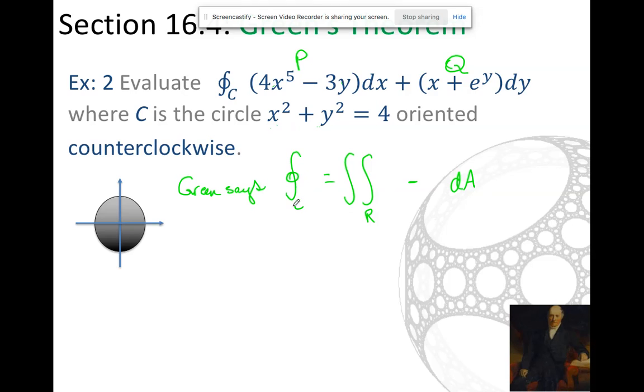And I just need to calculate the partials. So what is partial Q, partial x? Well, that's just 1, isn't it? What is partial P, partial y?